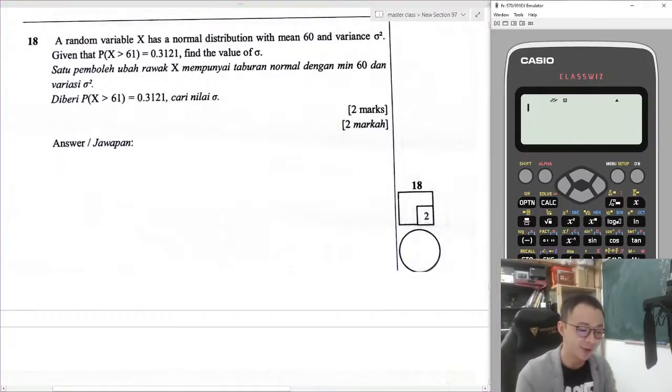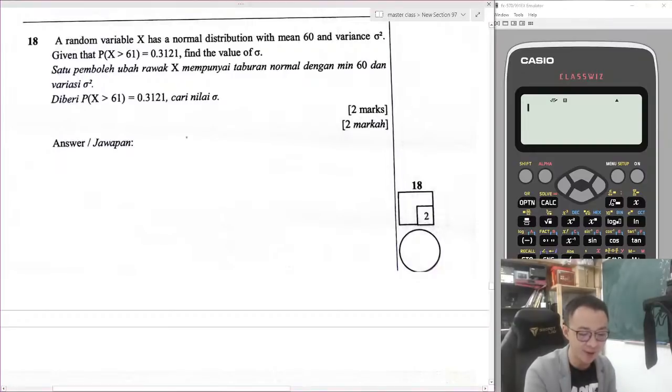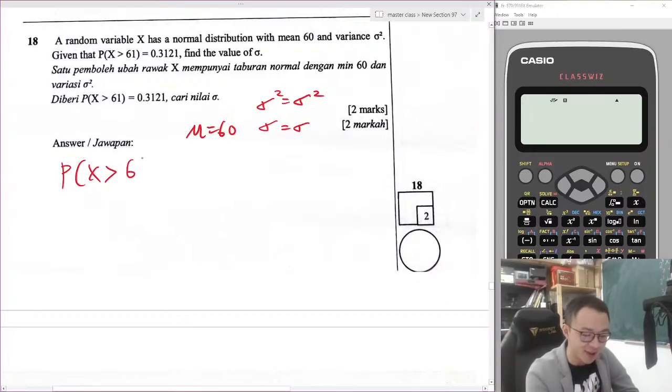Alright, this one, they give us a mean equal to 60, and the standard deviation, where variance is the square of the standard deviation. Probability x is bigger than 61 equals 0.3121. So I want to change this into z, so it should be 61 minus mean over standard deviation.